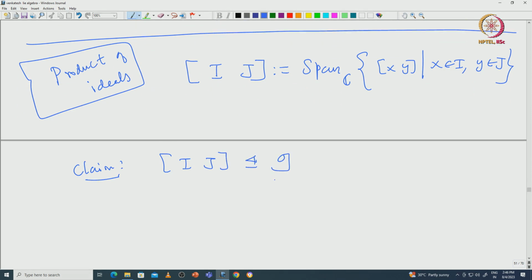Okay. So, here we need to be a little bit careful, because a typical element in the bracket [I, J] will be a combination of all these products [x, y].